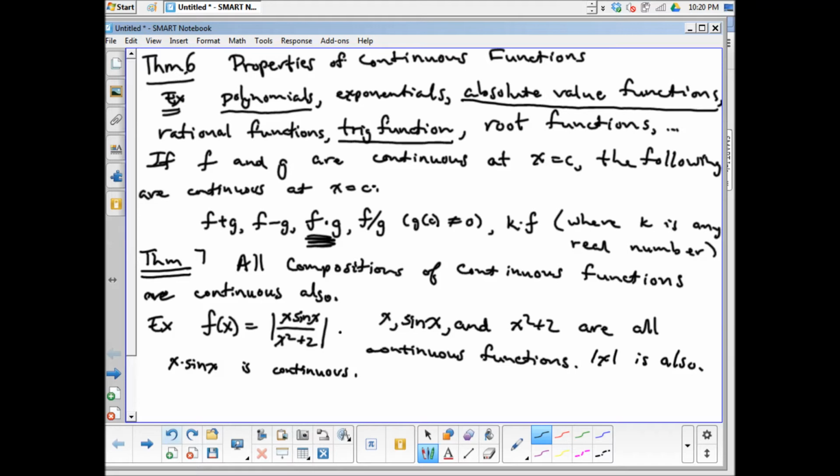Then if we divide by x squared plus 2, that would be continuous, because if you take a function and divide by a continuous function other than 0, then you maintain continuity there.